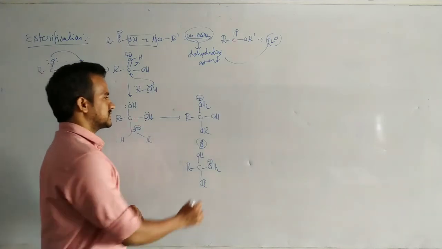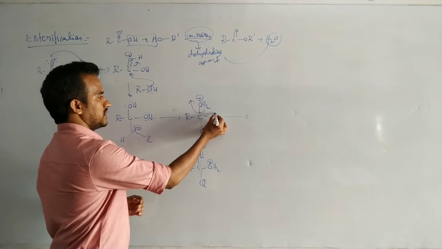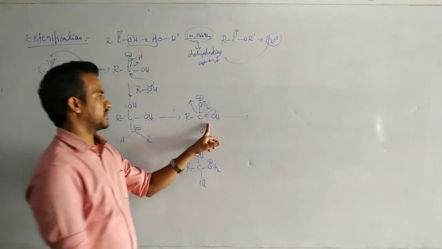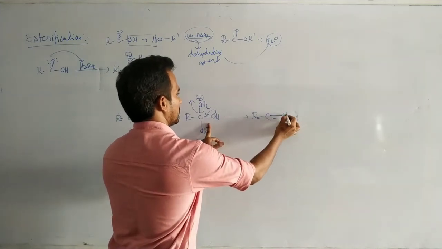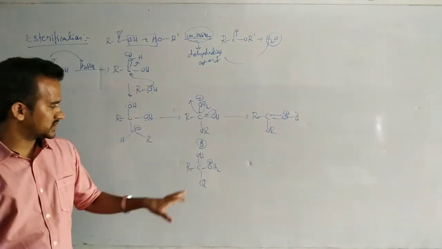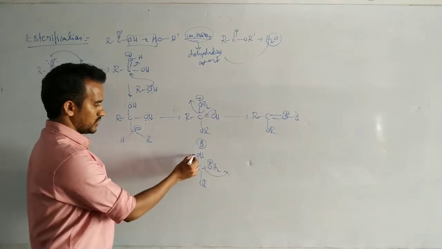Okay. So in this case, with the loss of water molecule, here pi bond formation, that means RC double bond O and here OR. Next, from this one, loss of water molecule, a good leaving group.